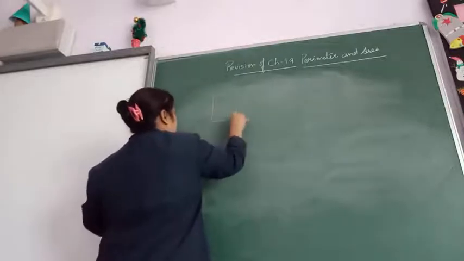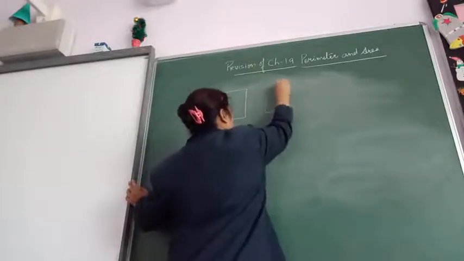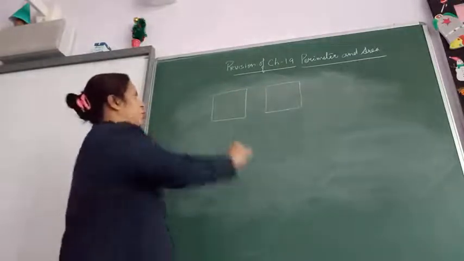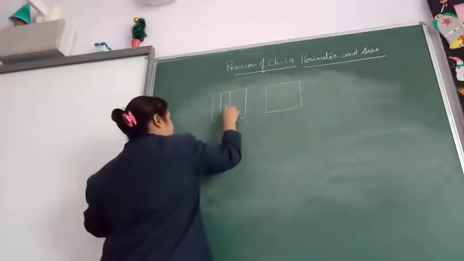Now I gave you a chocolate of this shape. Now you want to know which one is bigger? So what you will do, you will just take out the area.